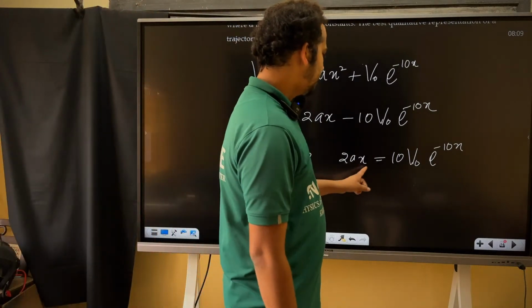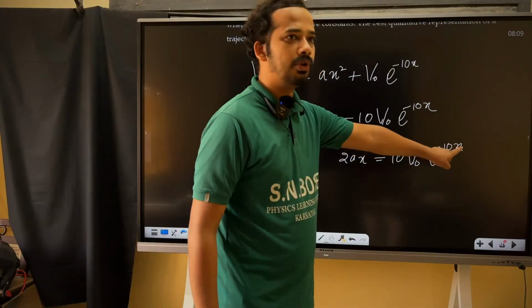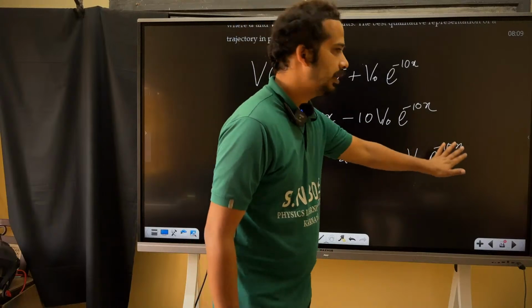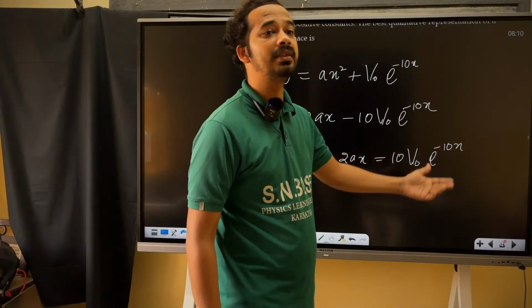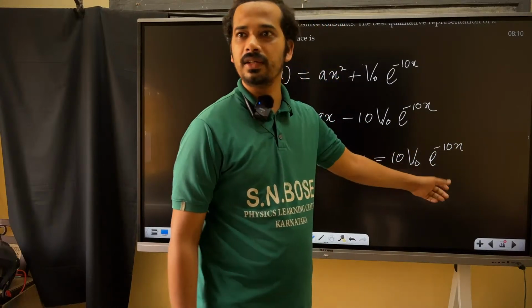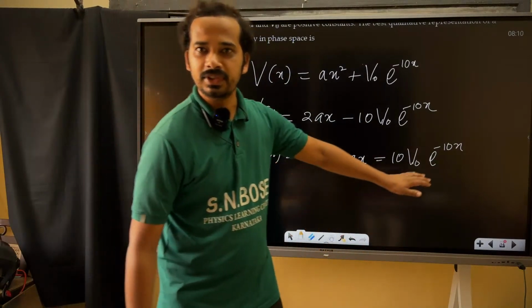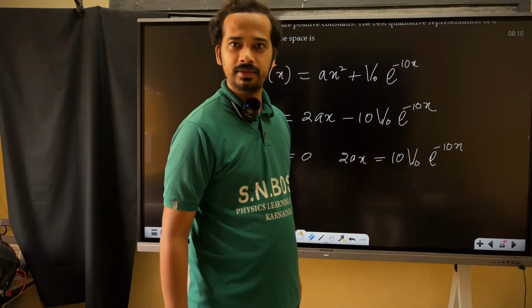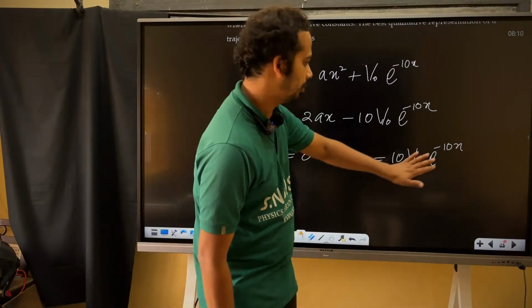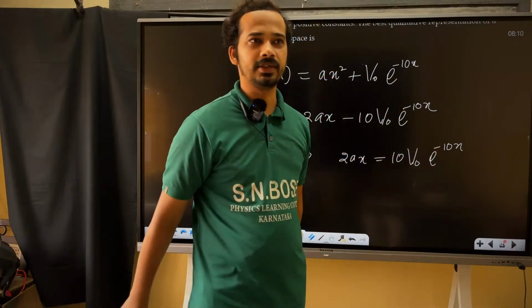This equation is possible only for some positive x. Right hand side is positive. This is one transcendental equation now. One side exponential, one side linear. How do you solve this one? You have to plot this one, find the intersection actually.